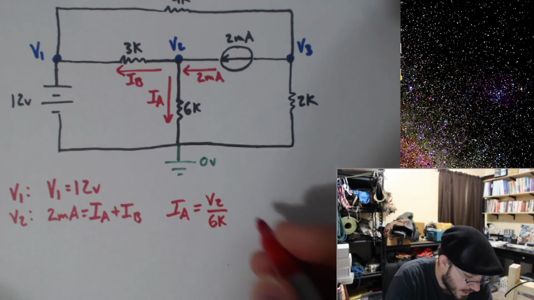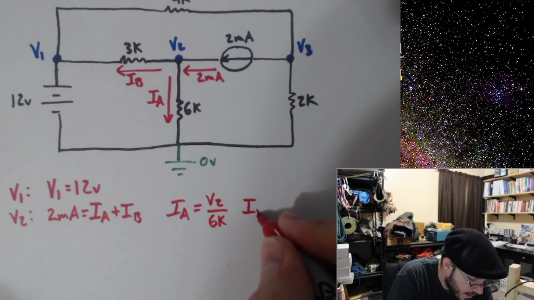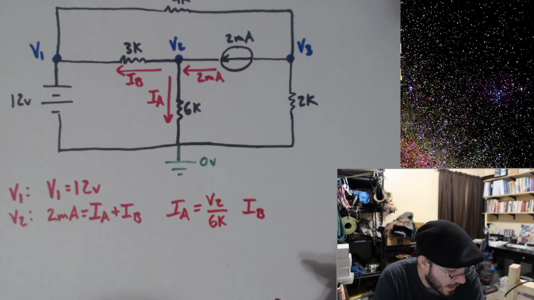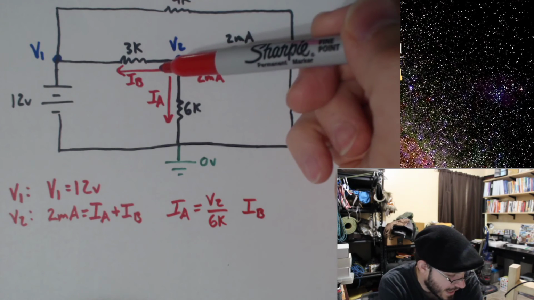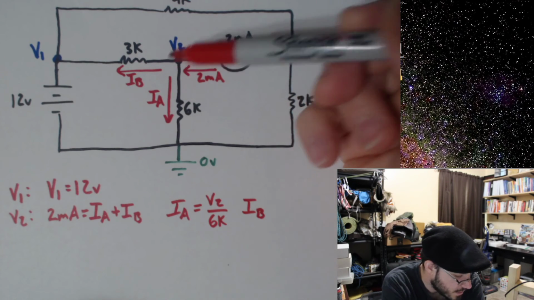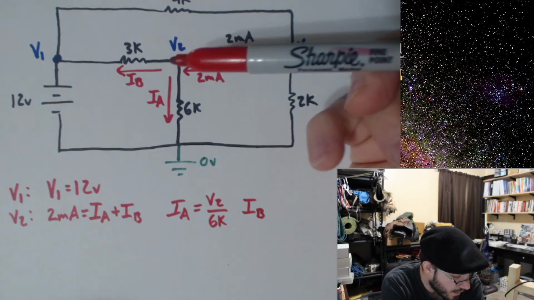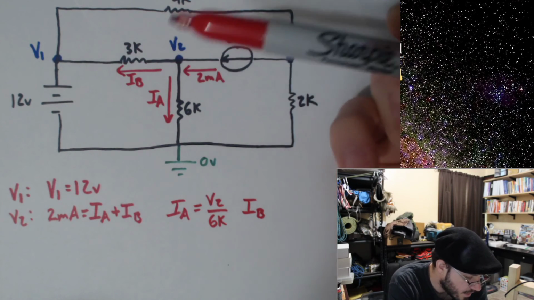Let's go ahead and express IB. IB is a little more complicated, or shall I say we need to pay a little more attention to this one, because I have the current going from V2 to V1, so I'm working off the assumption that V2 is higher than V1.